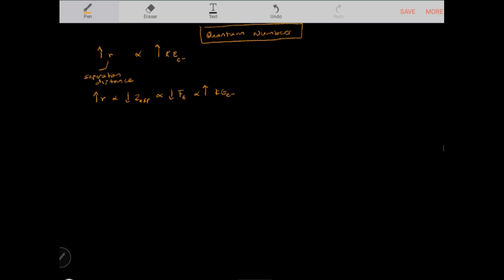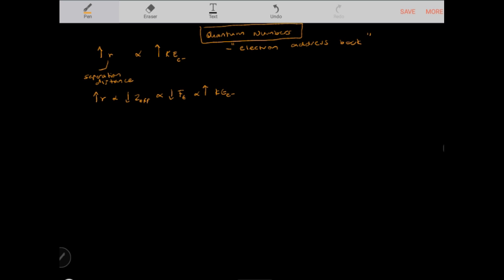We use something called quantum numbers. Quantum numbers act as an electron address book. It tells you exactly where the electron is relative to its shell, subshell, and orbital, right?